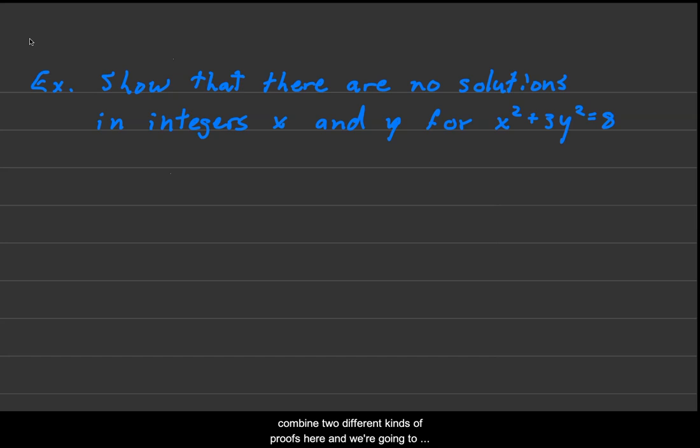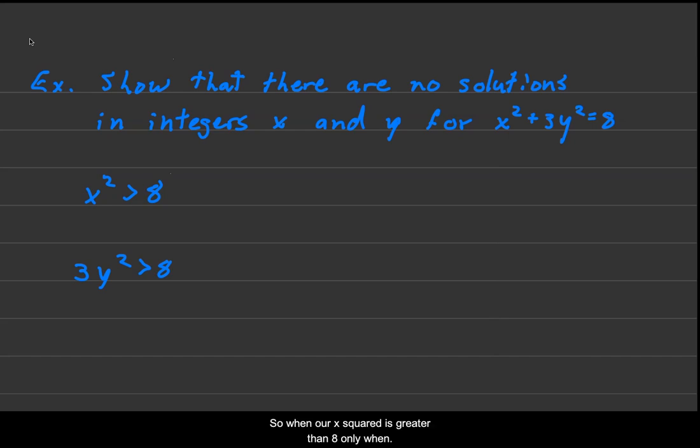We're going to start with a proof by cases and then go to an exhaustive proof. So let's look at the x squared greater than 8 portion of this, and the 3y squared greater than 8 portion.